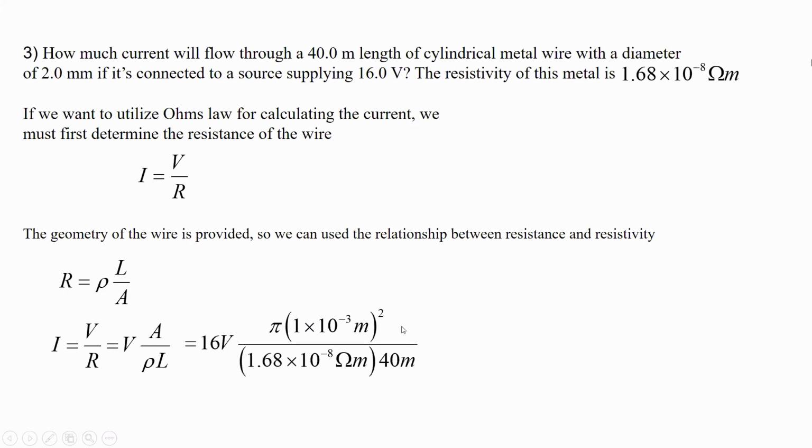So in the numerator here, this is the area for a circle. Remember, this is a cylindrical metal wire, which basically means the cross section of this wire is circular. Notice I divided by 2 before squaring it. And then the resistivity, the length, and the voltage.